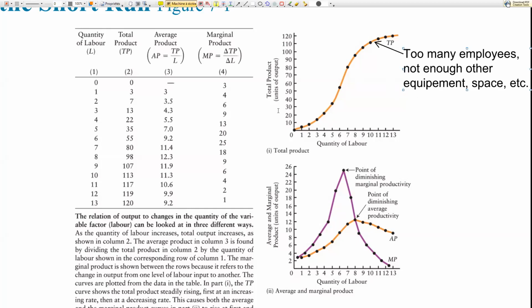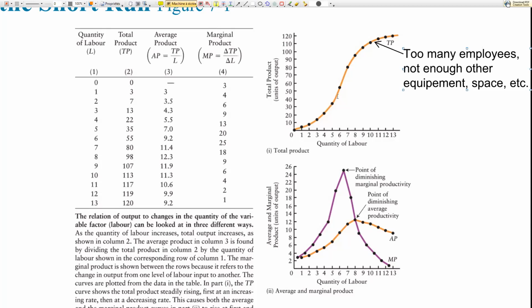And what's going on in this region there?